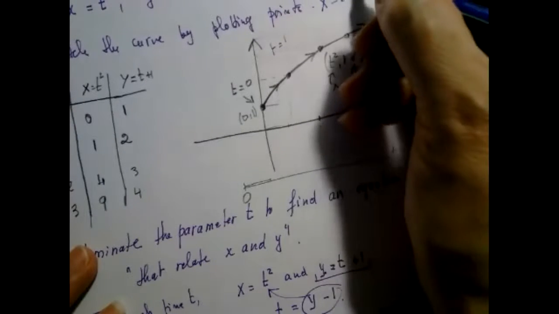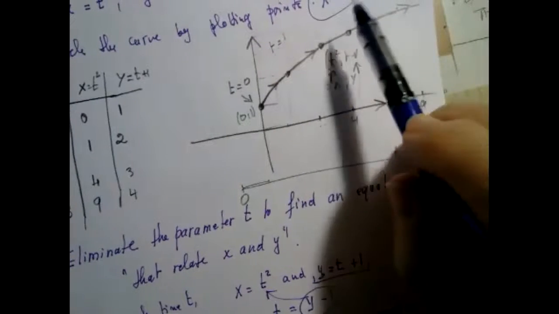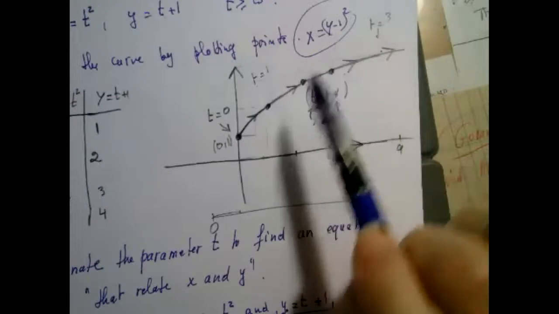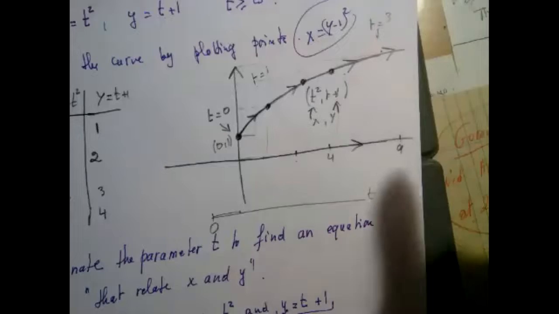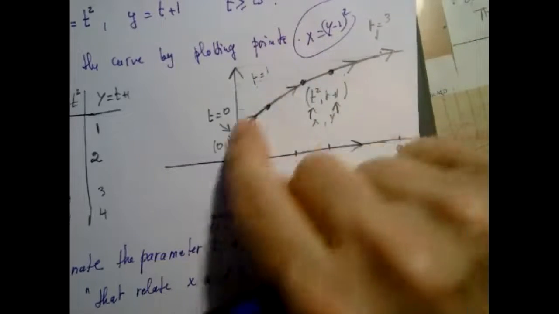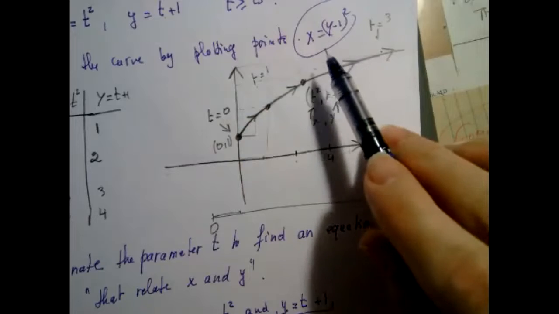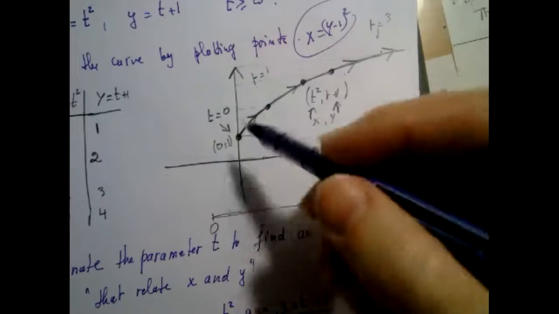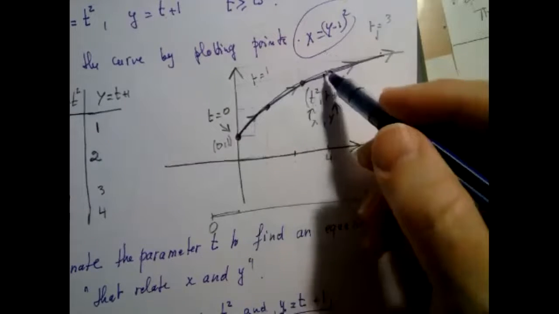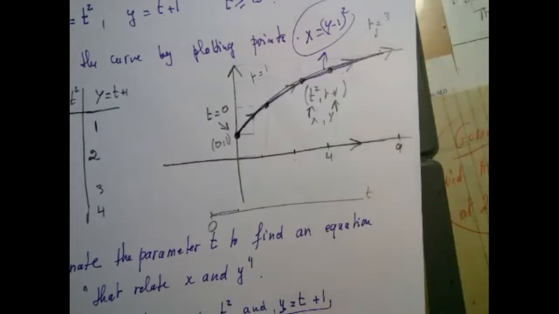That's the equation of the curve. And x equal y minus 1 squared is basically a typical parabola. It's like x equal y squared, but it's shifted. Instead of going up and down, it's going to open left and right. That's exactly a parabola. So what this equation tells me is that this curve physically is just a parabola. It's this parabola, x equal y minus 1 squared.